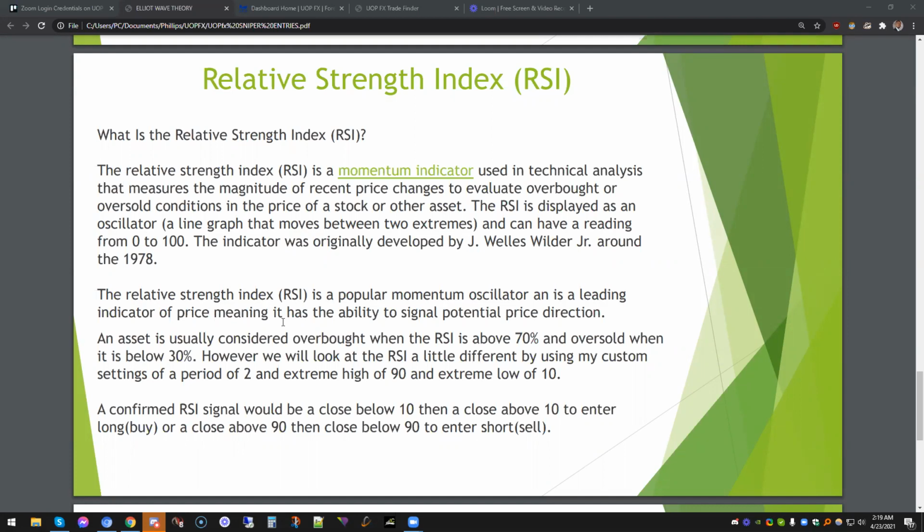The settings and what you look for on the price to be able to take advantage of the signals that come out of the RSI. And when you use the signals from the RSI together with signals from, let's say, the trade finder, which gives you Elliott wave, it gives you harmonic patterns.